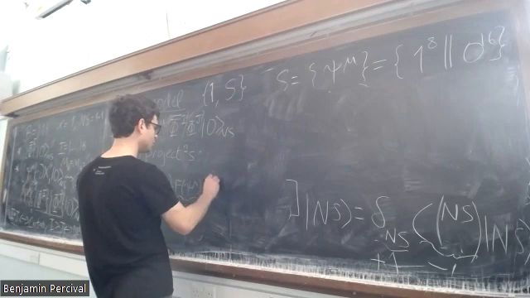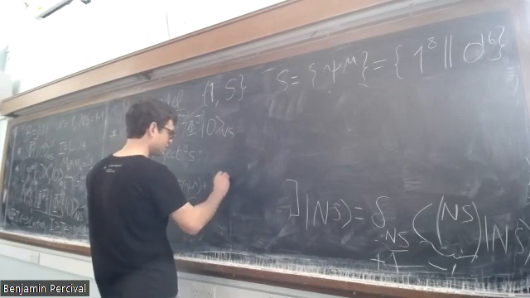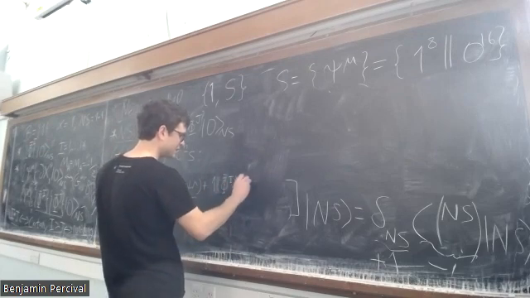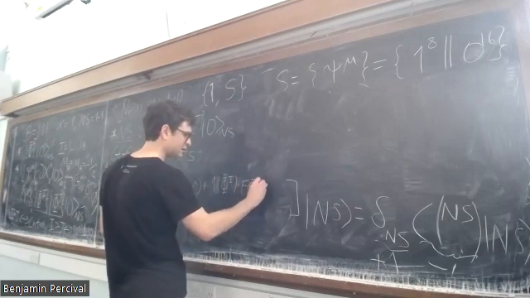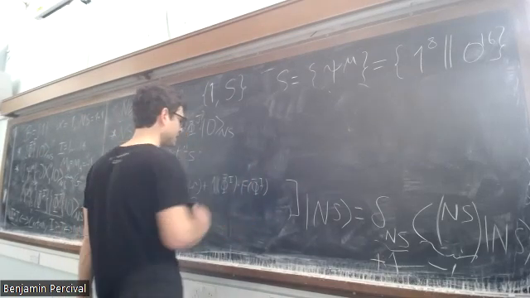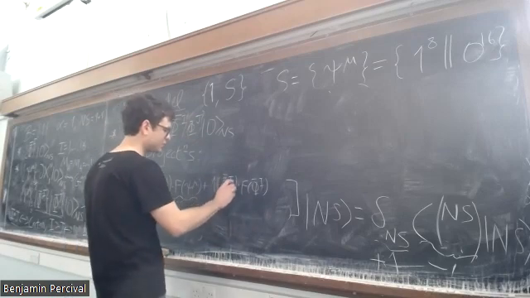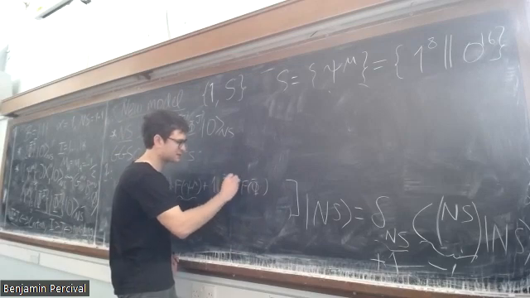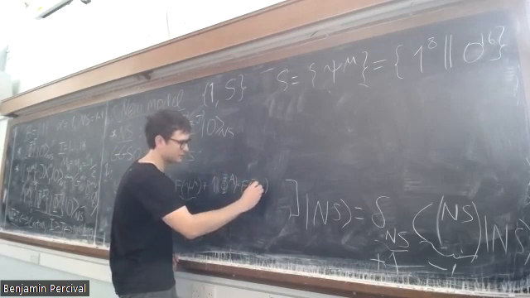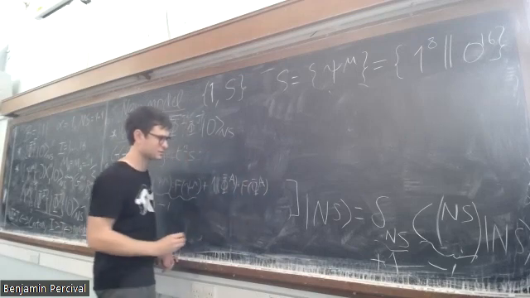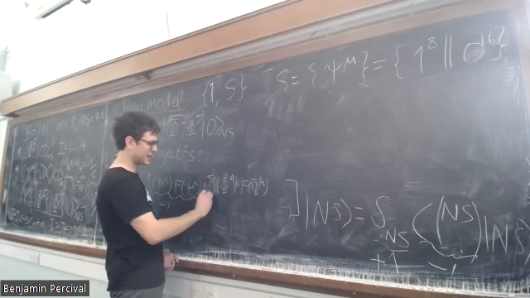So 1 with phi bar I, F with phi bar J, sorry, I, and then the same thing. I'm going to write it as a sum to save space, sum where A is ij.